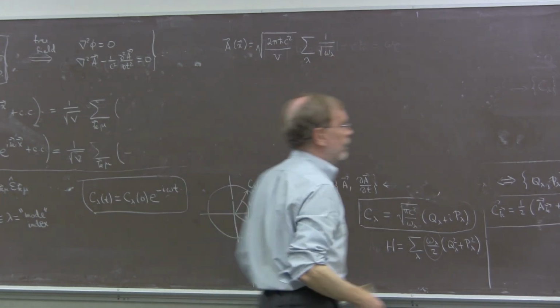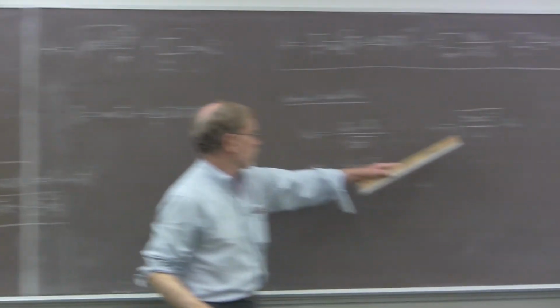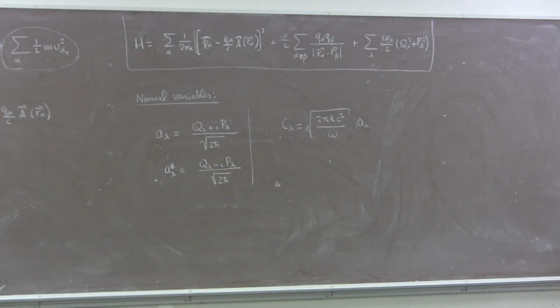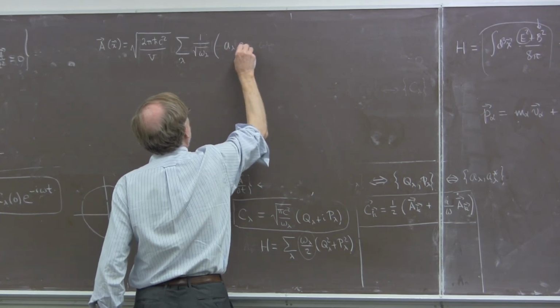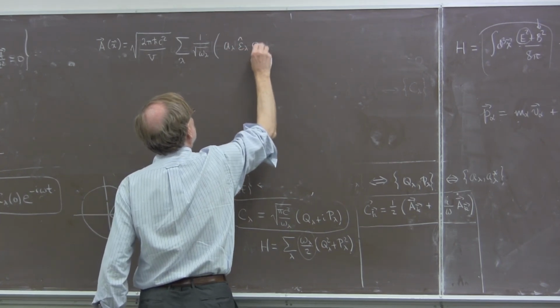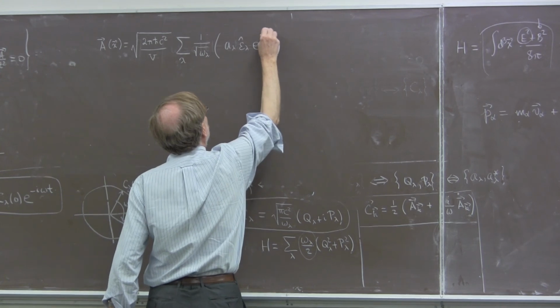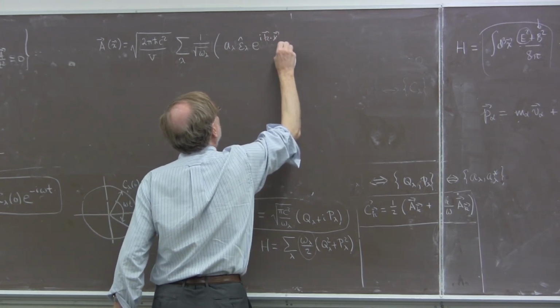That square root of omega lambda comes from the square root of omega you see right there. And then it's A lambda times the polarization vector epsilon lambda times e to the i k dot x, plus complex conjugate.